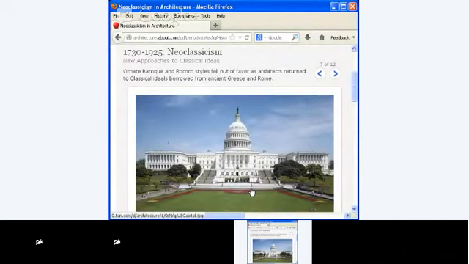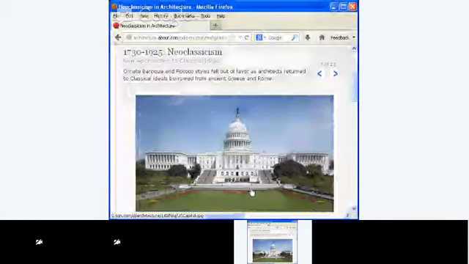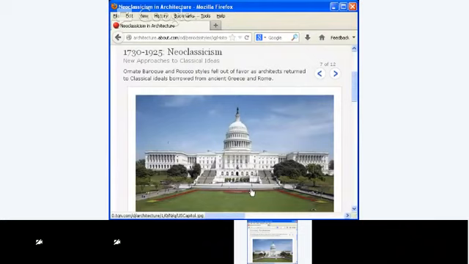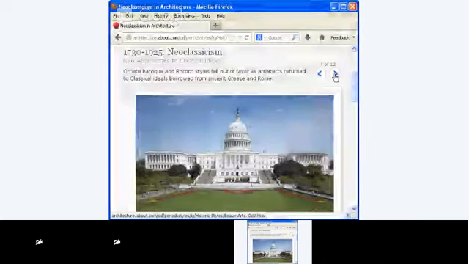Anybody know? White House, I think. No, not the White House. Close. Right across the street. Congress building. Yes, you're exactly right. It is the U.S. Capitol building or Congress building. So that's classic, but they call it neo-classic.